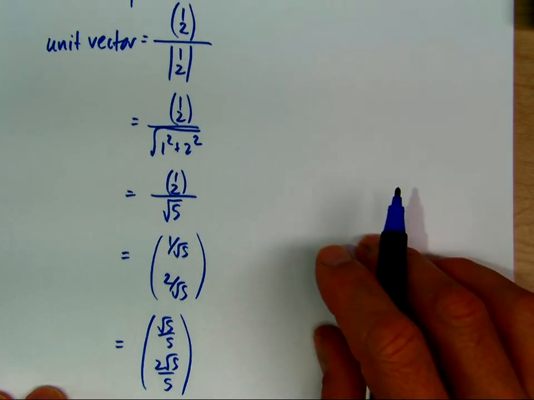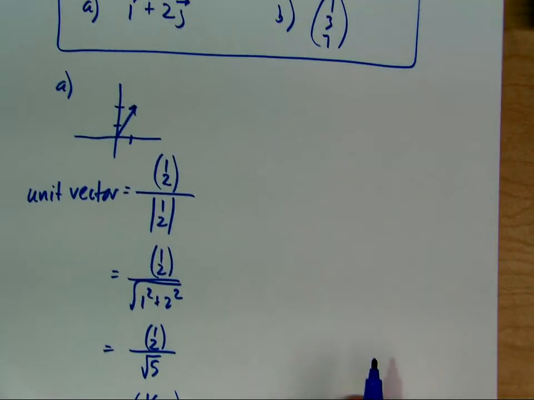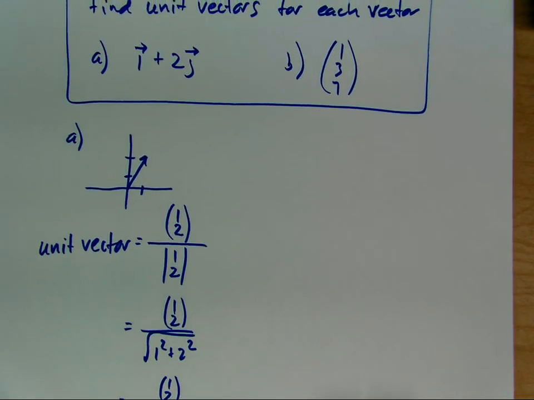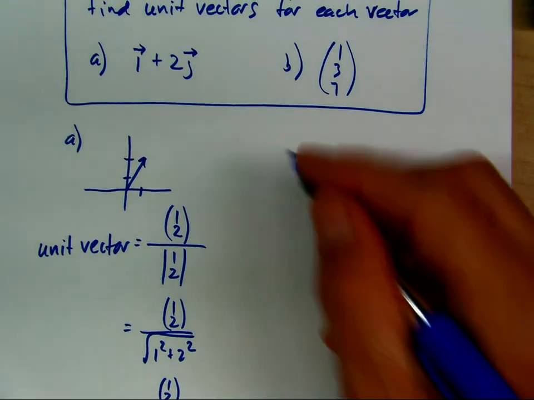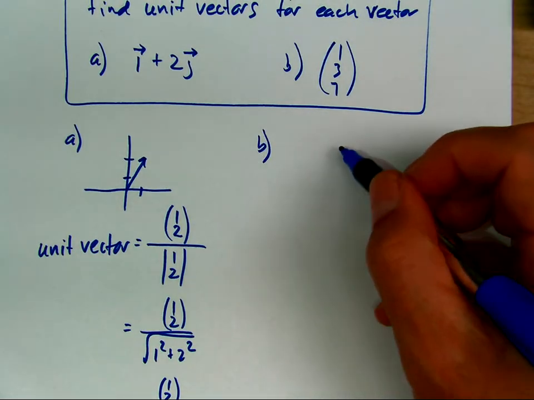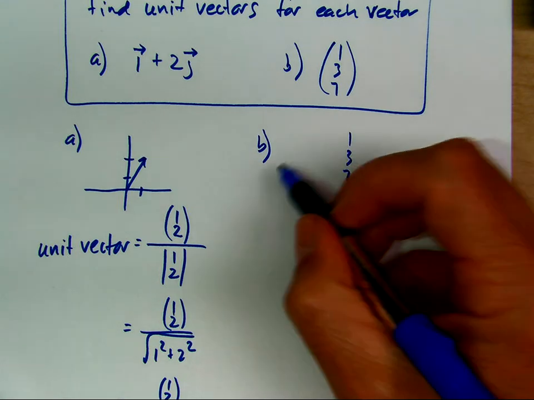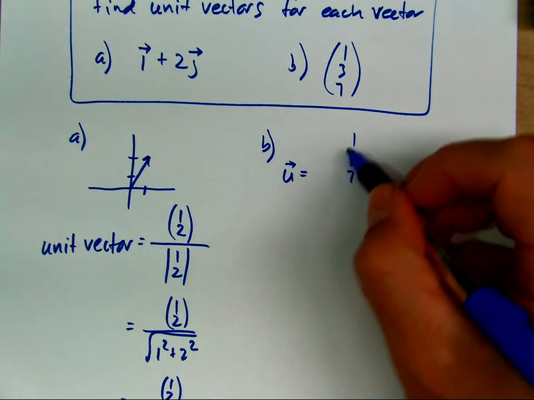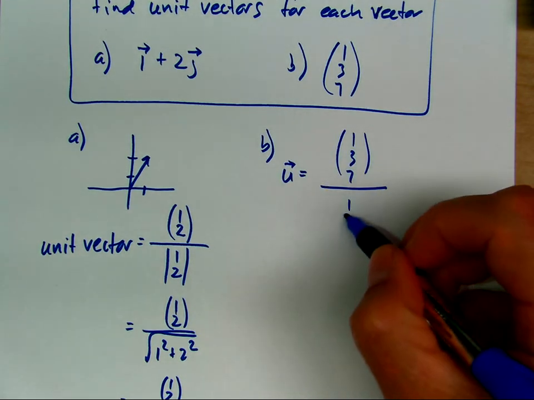Okay, and it works the same way with 3-dimensional vectors. So pause the video and try B. The unit vector is equal to the vector divided by its magnitude.